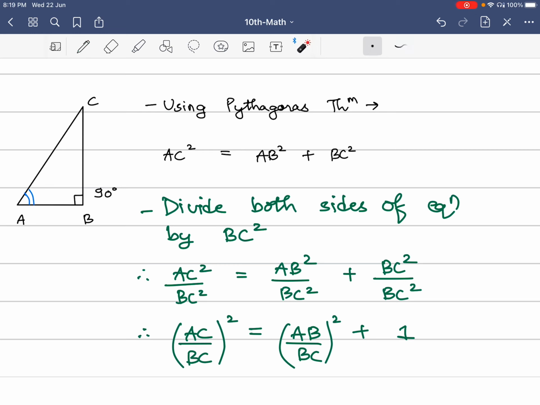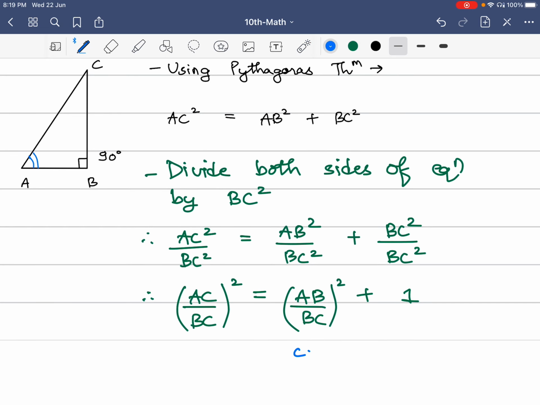Once again let's focus on angle A. With respect to angle A, AB by BC, adjacent divided by opposite, is cot A. So I'm going to write here directly this time: this is equal to cot A the whole square, and this is my plus 1, and the left hand side of the equation is AC by BC. So AC, hypotenuse, divided by BC.